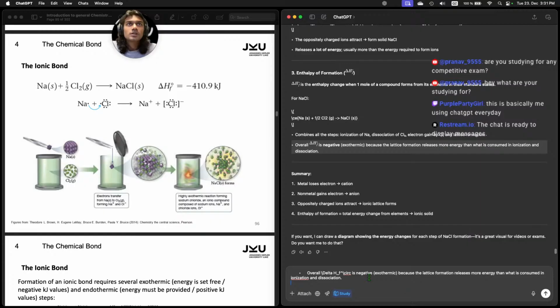I need an explanation on this statement: total energy change from elements.